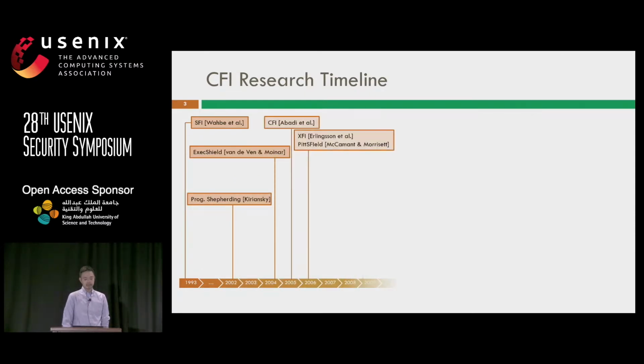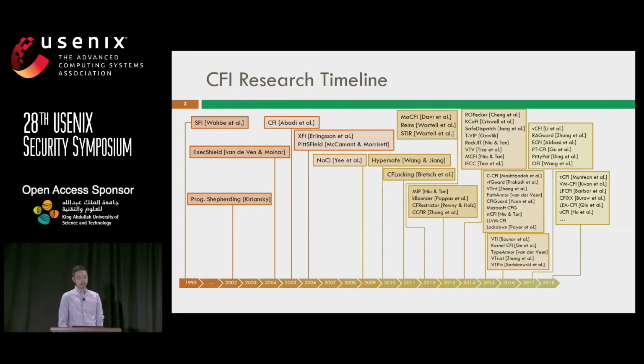Here is a timeline of research into CFI, along with software fault isolation, SFI, and vtable protection. CFI was invented back in 2005, and there were a series of follow-on works that improved on it, providing better precision, more accurate policies, and better performance.